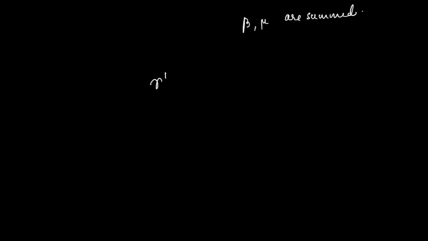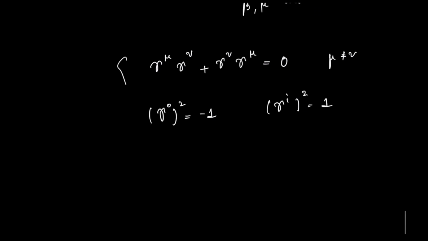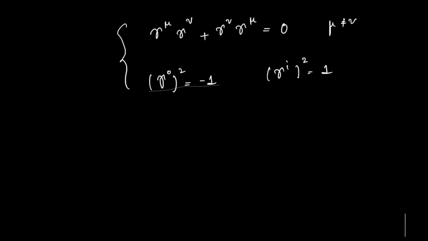I'll write gamma mu gamma nu plus gamma nu gamma mu is equal to 0 for mu not equal to nu, and gamma 0 square is equal to minus 1, and gamma i square is equal to 1. These conditions can be represented in a more general form.